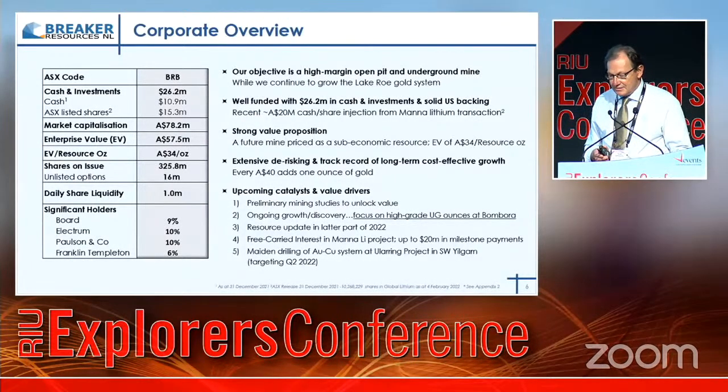The EV per ounce is $34. In the market, if you put that against your peers, it says to me that, well, the market thinks you've got a sub-economic resource, Tom. What are you doing? So I'll show you a few slides, again, to reinforce the notion and belief that this is going to be a mine.